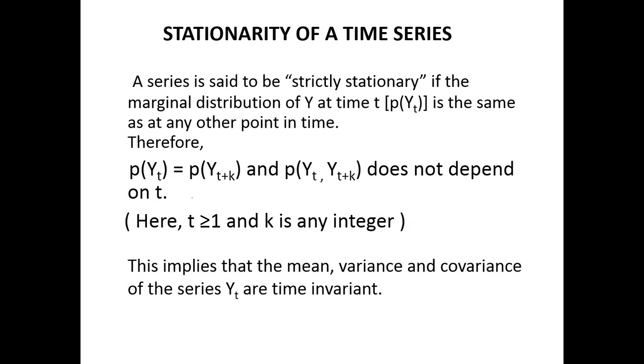Alright. Now we introduce you to a very important terminology known as stationarity of time series model. A time series is said to be stationary if the marginal distribution of Y at any time period is same at other points. Slightly difficult to understand, so I'll make it a little easy for you.